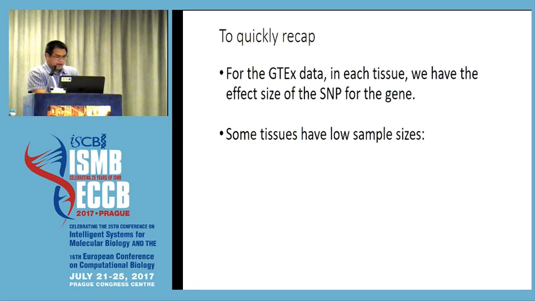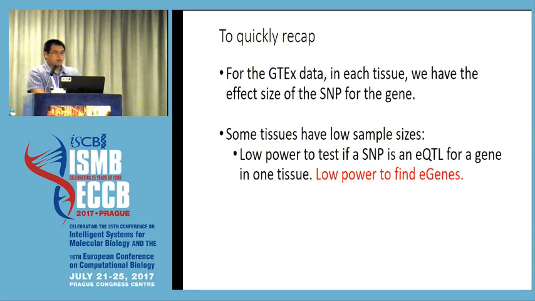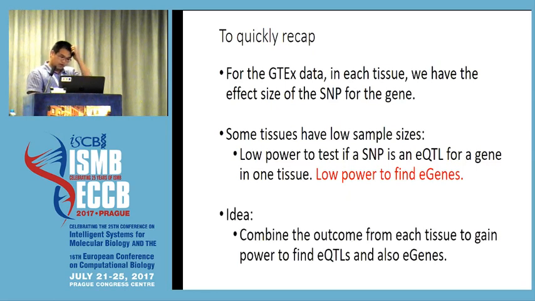To quickly recap, for the GTEx data, in each of the tissues, we have the effect size of the SNP for the gene. Some of the tissues have very low sample sizes, which means that we have very low power to test if a SNP is an eQTL. This also means that we have very low power to find eGenes. So the idea is that we should combine outcomes from different tissues to gain power to find eQTL and eGenes.